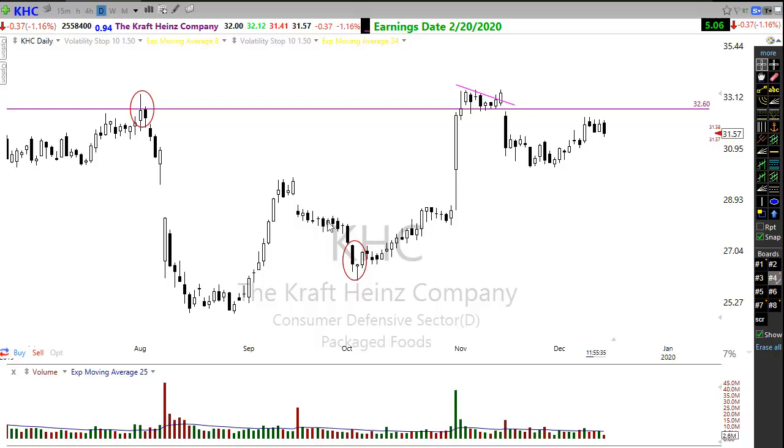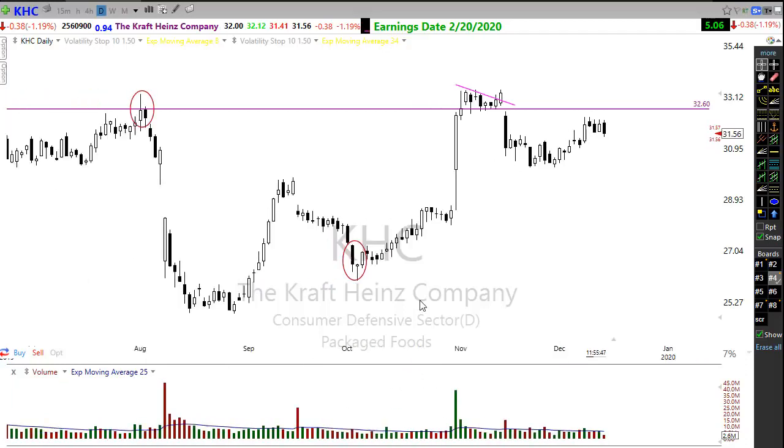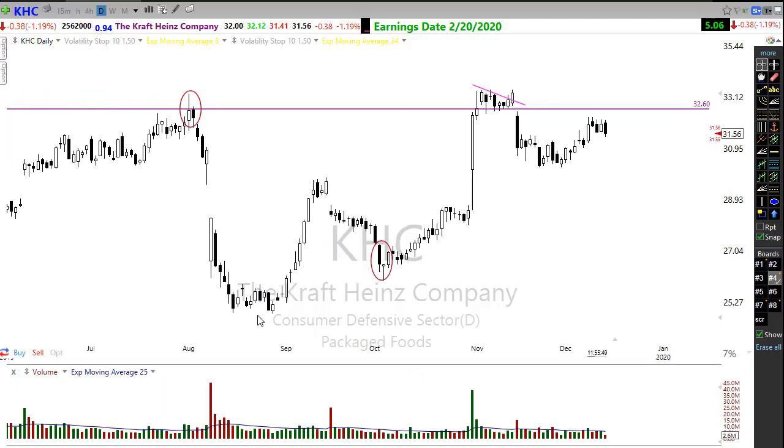Okay, here's a nice little morning star that could also be seen as a hammer and a follow through. Almost that dragonfly doji on the bottom. Hammer and follow through to the upside. Again, these things are important. This was reacting to trend up here, or resistance. This was reacting to support in the chart.